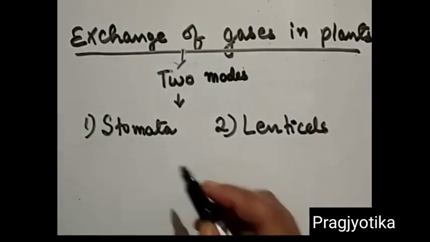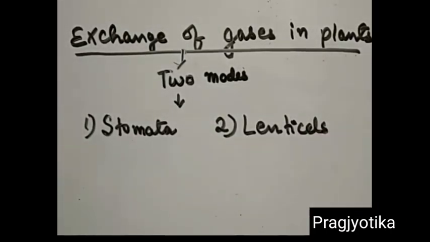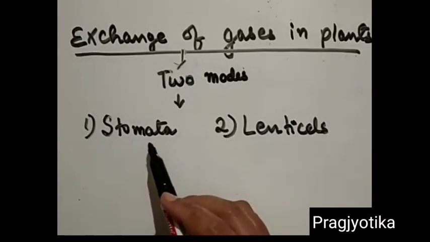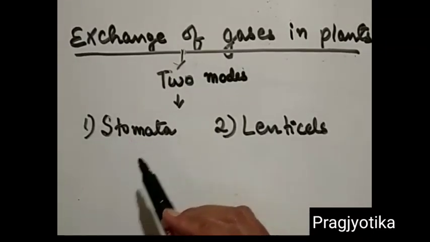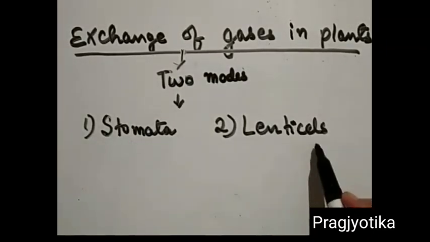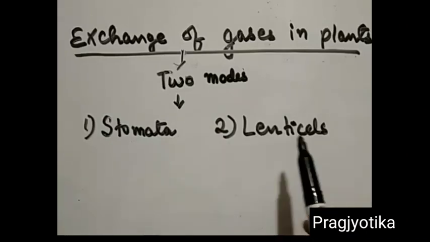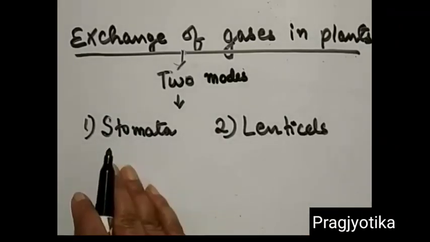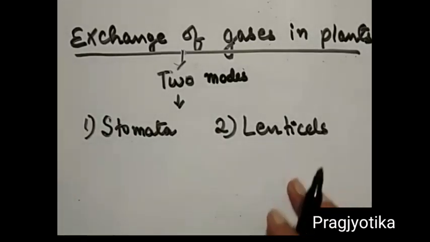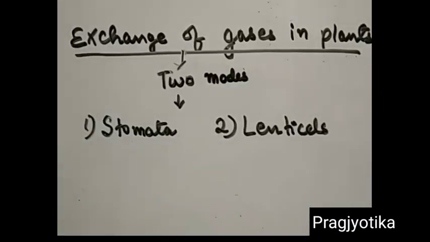Stomata are tiny openings present on the lower surface of leaves and in some green stems, and lenticels are also tiny pores that are present on the roots and woody stems of some trees. Both stomata and lenticels are tiny holes, or pores.